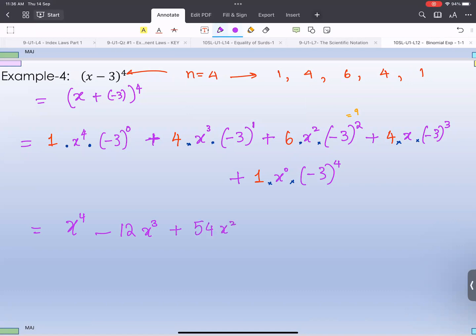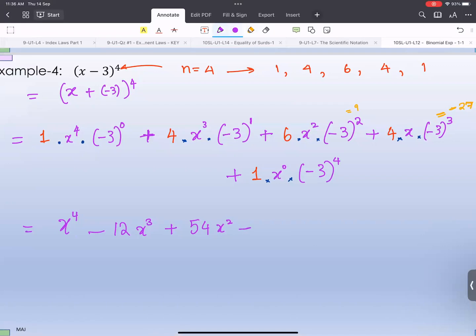And here we have negative 3 cubed, which is negative 3 multiplied by itself three times, so negative 27. Negative 27 times 4 is negative 108 x.